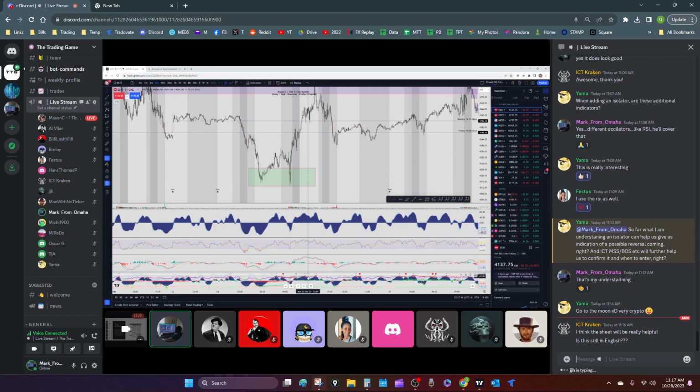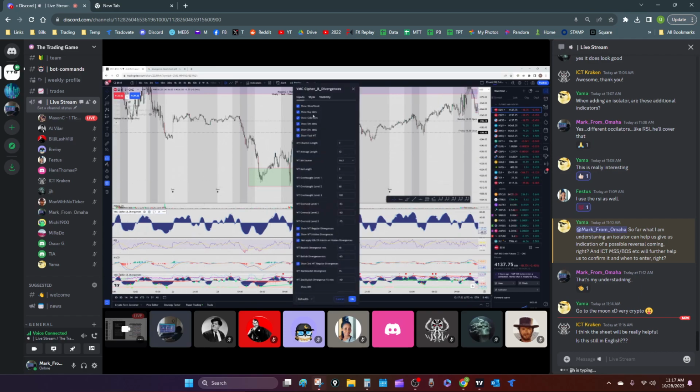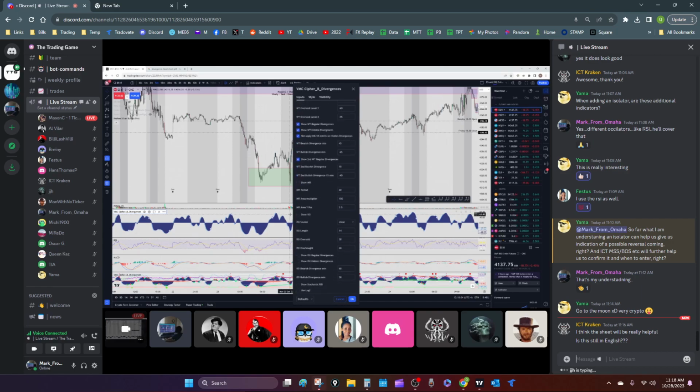Can you pull up your settings real quick on that, or just show how we would get to that point? Sure. I think you showed me, and that's kind of the way I set mine up as well. So in the inputs, I leave everything check marked up here. Then anything with the MFI, RSI, everything below, I uncheck in the inputs.